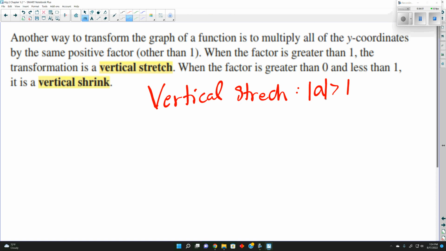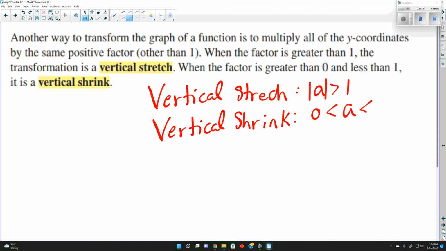Because it's a vertical stretch if A is greater than 1. The absolute value of A, the number itself, is greater than 1. It's a vertical shrink if 0 is less than A is less than 1. Or more technically, the absolute value of A is between 0 and 1.